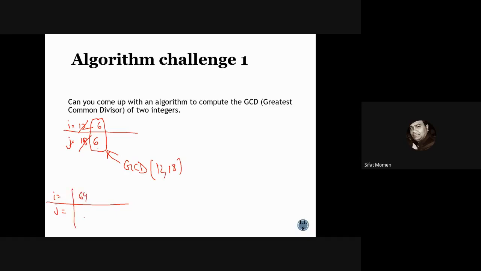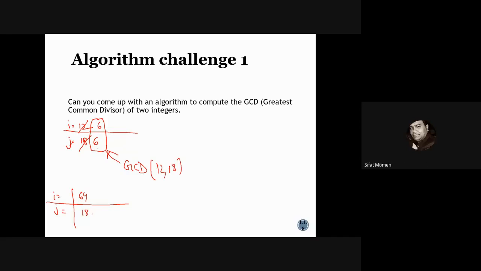So I is, let's say, 64, J is, let's say, 18. Last time I was smaller and J was larger. This time I is larger and J is smaller. Doesn't matter. Now, before I go ahead, can you tell me what the GCD of 64 and 18 is? 2.